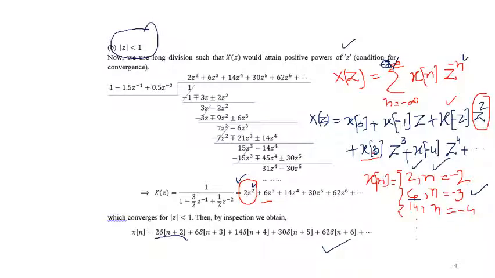If absolute of z is greater than 1, the sequence is right-sided, and if it is less than 1, it is left-sided. For left-sided we use positive powers of z, whereas for right-sided we use negative powers of z.